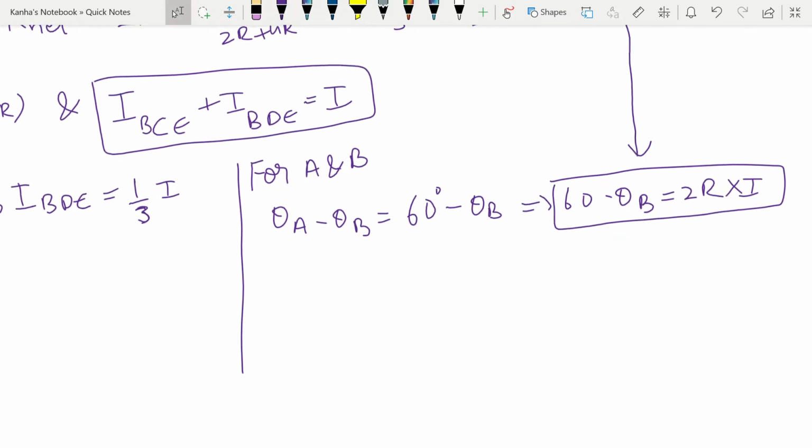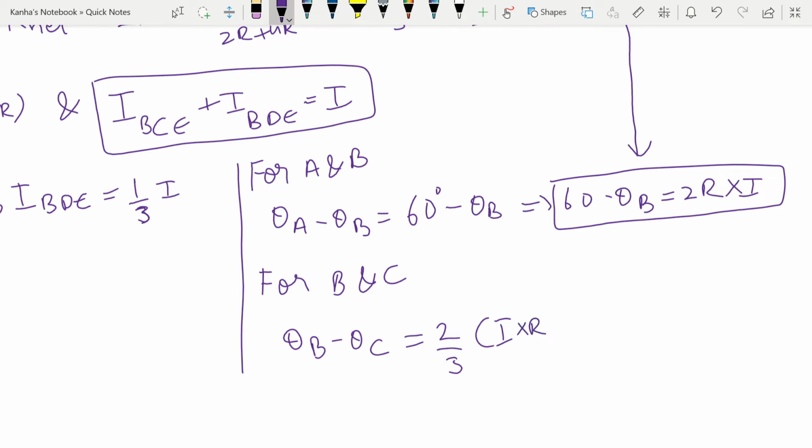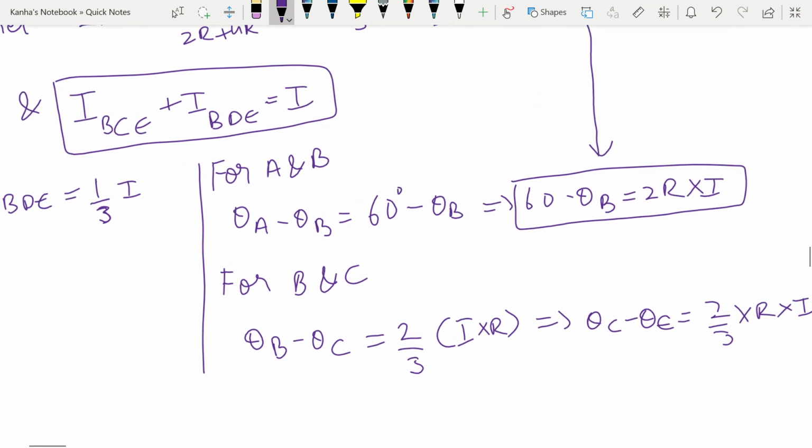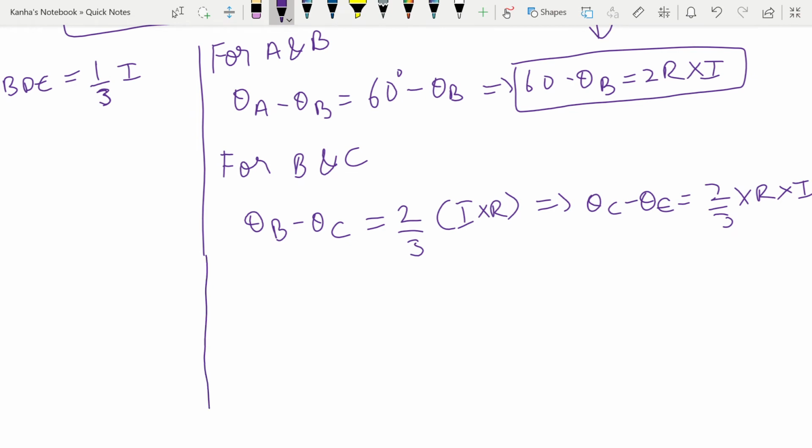Then I can write for B and C, theta B minus theta C is equal to 2 by 3 into I cross R. That implies theta C minus theta E is equal to 2 by 3 into R into I. For A and E also I can write this down.